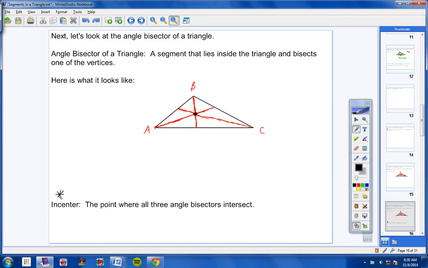Okay, copy that down. The incenter, the point where all three angle bisectors intersect. So this point right here is called the incenter. Now, there is something special about that point, and here it is. So please take some really good notes on this.